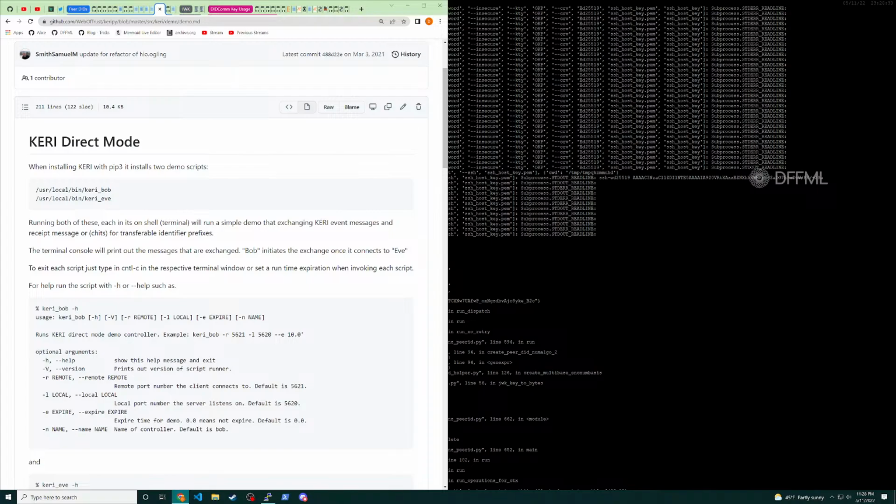Okay, so when installing KERI with pip, we get these two scripts.